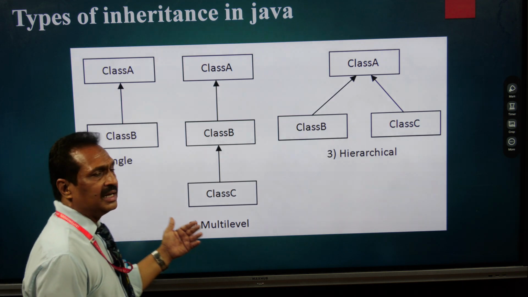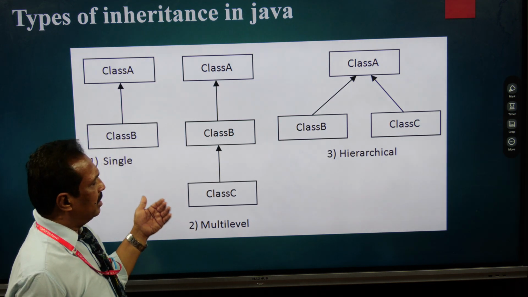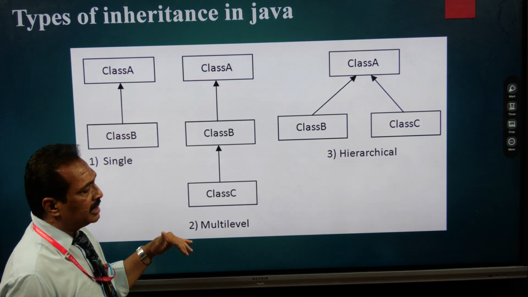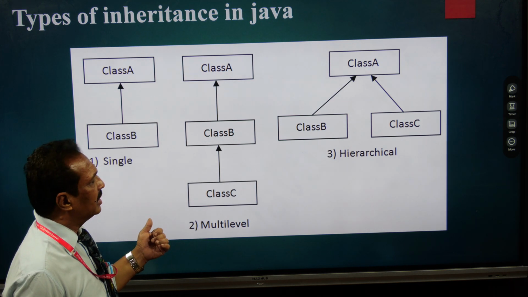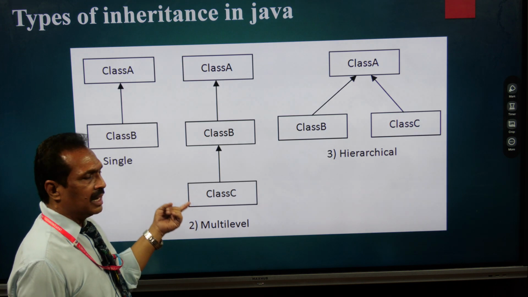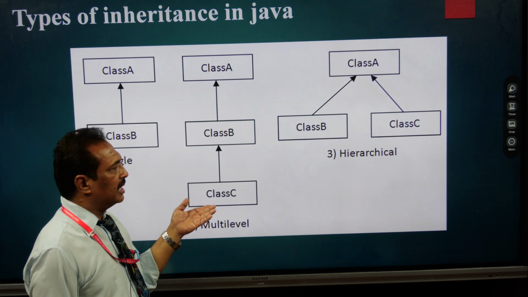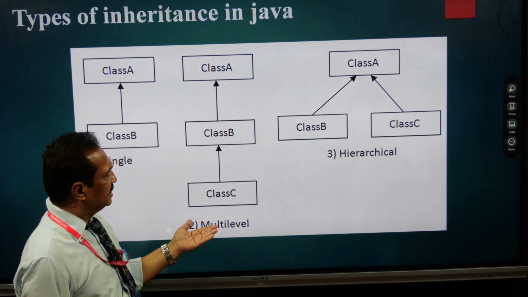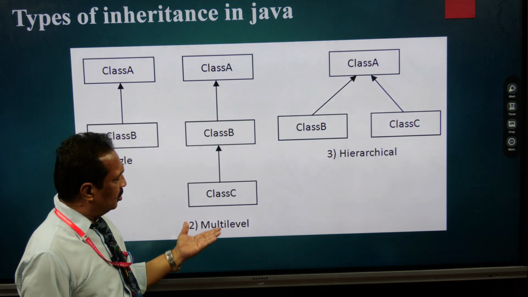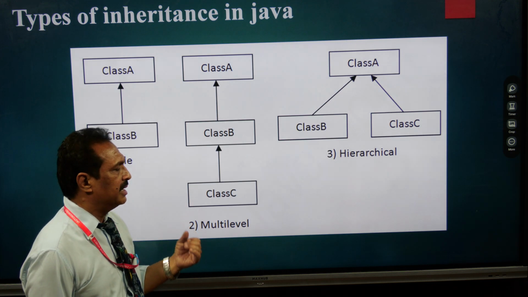Another one is multi-level inheritance. Here when a derived class is again derived from another derived class, then we call it multi-level inheritance. Here we can see that class C is a derived class, whereas class B is also a derived class of class A. In this way, you can go to any extent in multi-level inheritance.